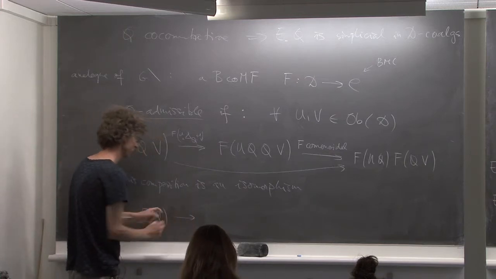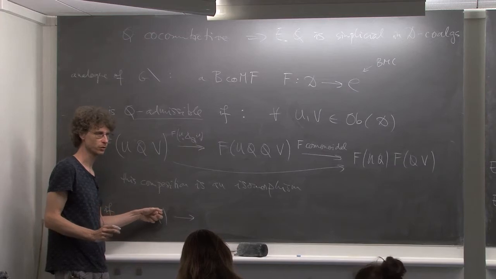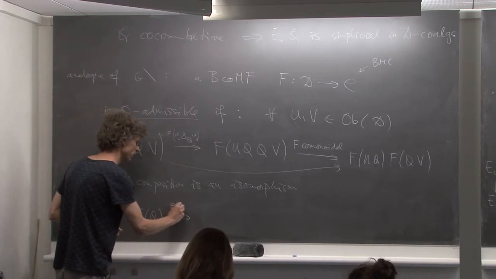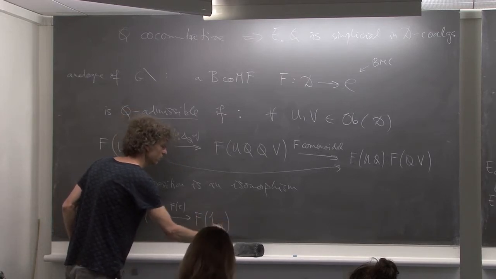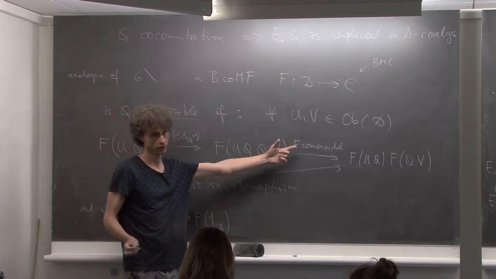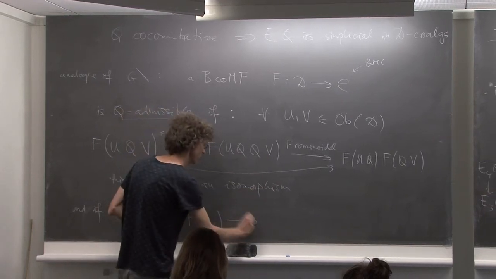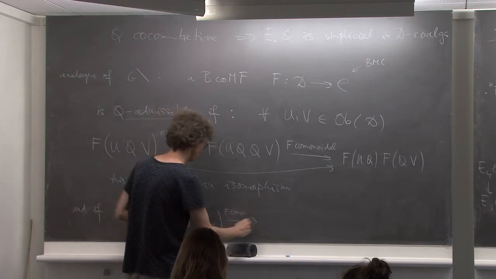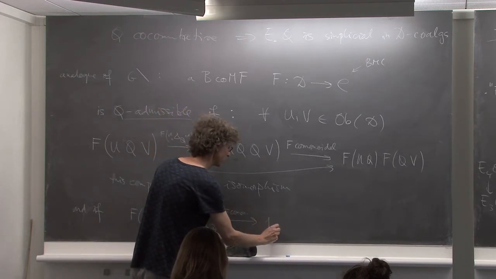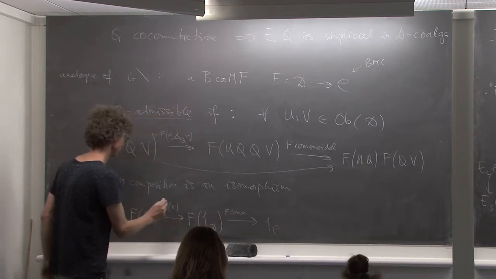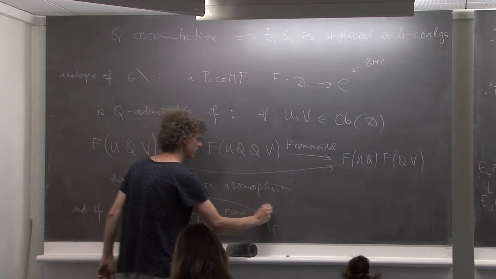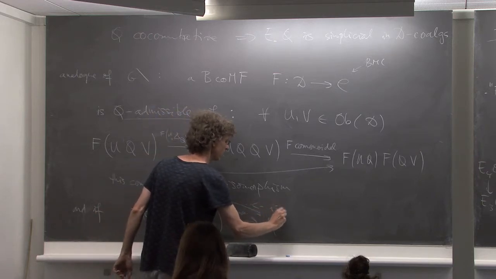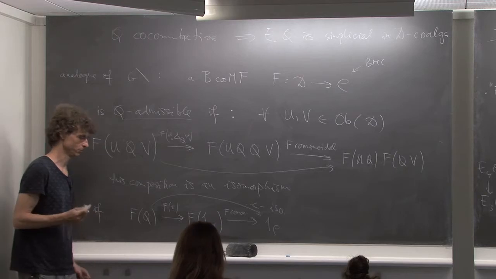One can apply first the epsilon on Q. So like F of epsilon, we go to F of 1 in D. Now our functor is comonoidal, so therefore we go to 1 in C, and again this composition is required to be an isomorphism.